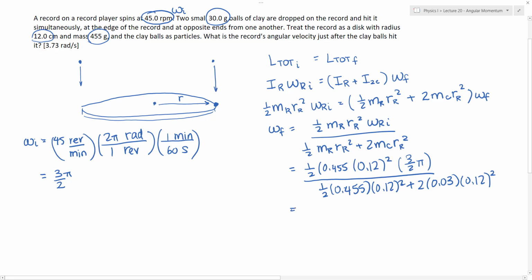So I'm just going to type all of that in. And I get 3.73 radians per second. I can look at the significant figures in the question. I have 3 significant figures, 3, 3, and 3, so my answer should have 3. So I'm all good.